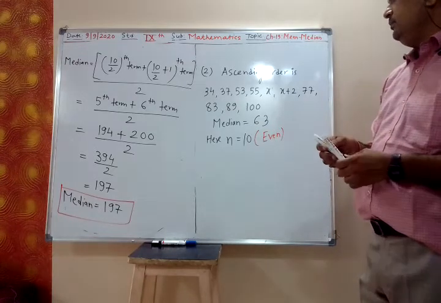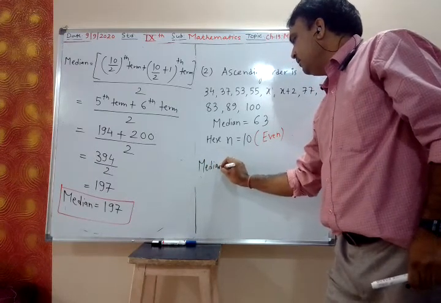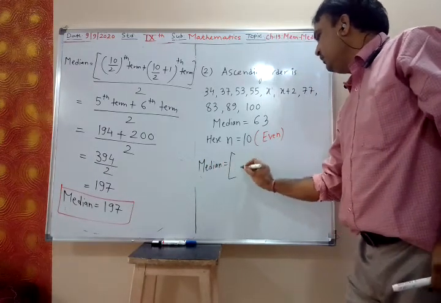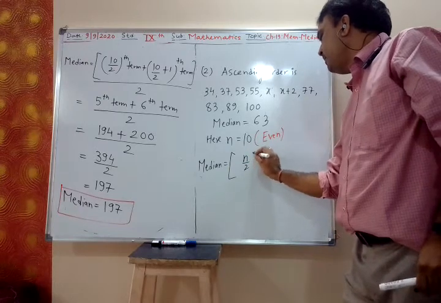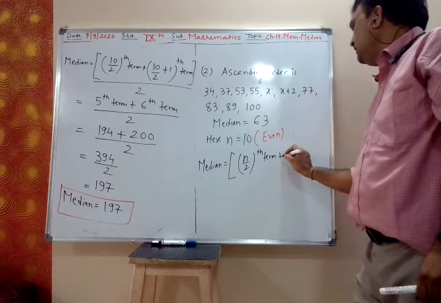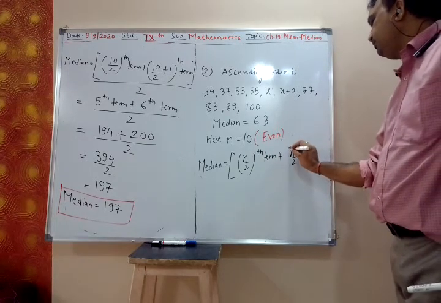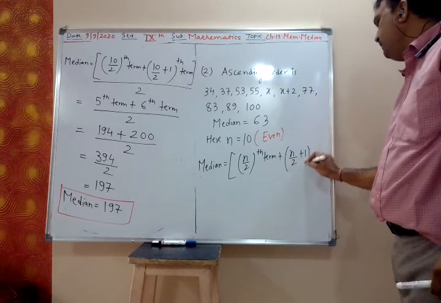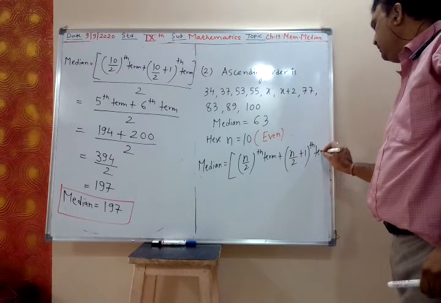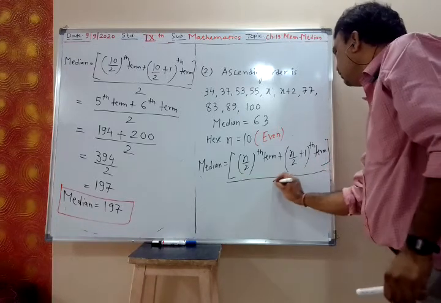So now we write the median formula for even. Median is n by 2th term plus n by 2 plus 1th term, whole divided by 2.